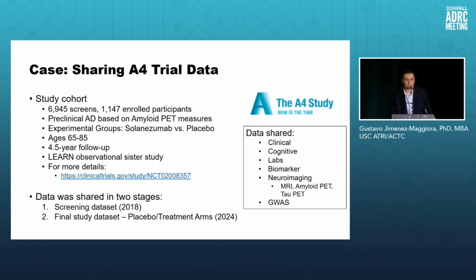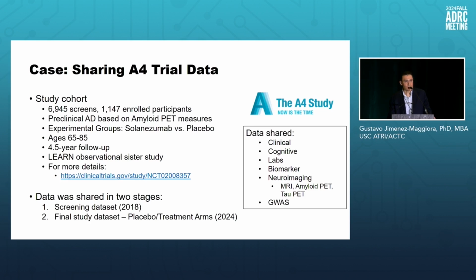To illustrate our approach, I'd like to share a brief case study on our efforts to share the A4 trial data set. A4 was a phase 3 RCT looking at preclinical AD designed to assess the efficacy and safety of solanezumab versus placebo. To enroll this study, we screened almost 7,000 participants between the ages of 65 and 85, and ultimately randomized a little bit more than 1,100 participants.